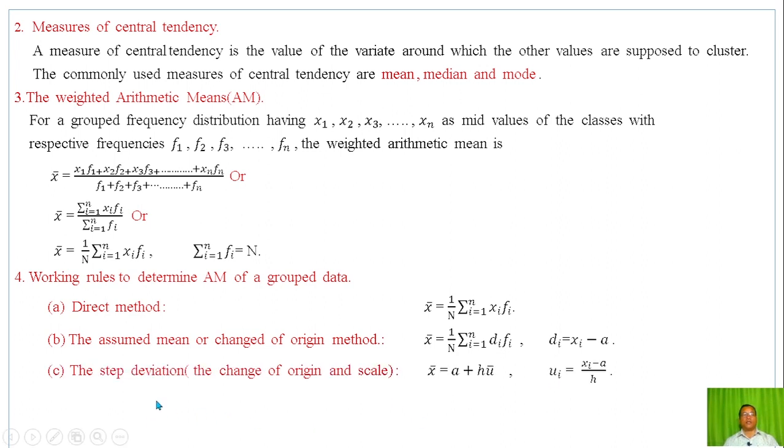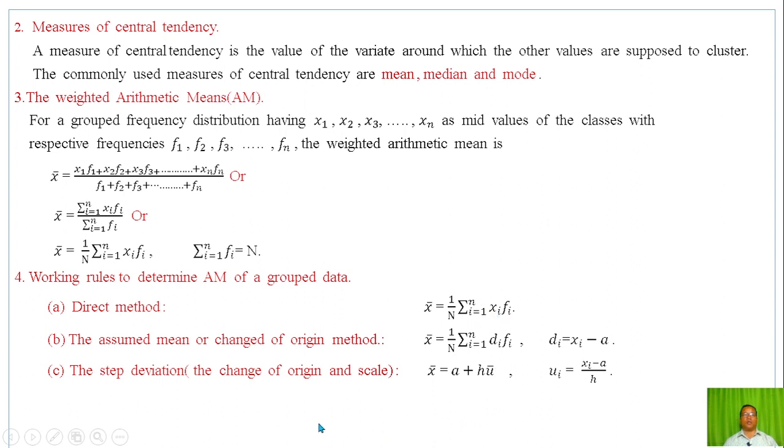The step deviation method uses change of origin and scale. Here I have a new variate u introduced, which is xi minus a by h. Here a is the assumed origin, and h is the scale. Then u bar is obtained like x bar, that is 1 by n summation of fi ui, i starting from 1 to n.